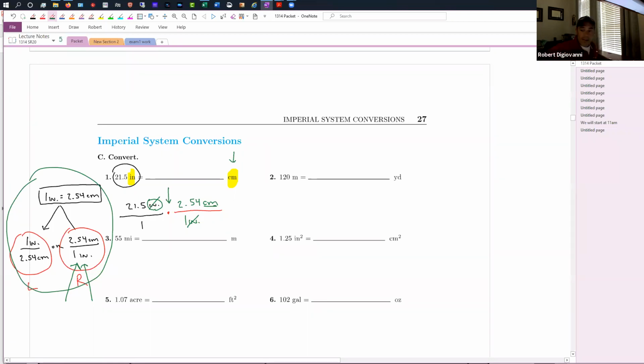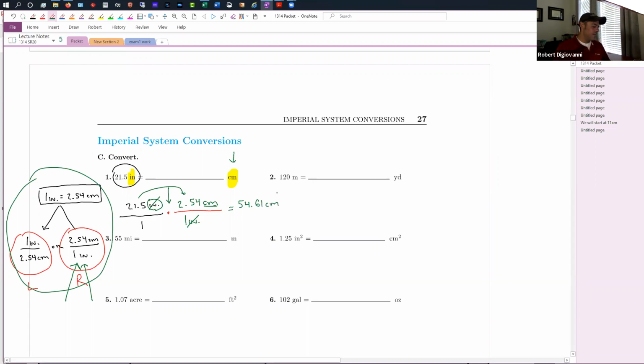So if I do that, and I need my calculator for this, I have two fractions I need to multiply. So all I'm going to do is multiply straight across. I'm going to take 21.5 and multiply that by 2.54. And I'm going to get here equals 54.61 centimeters on top.